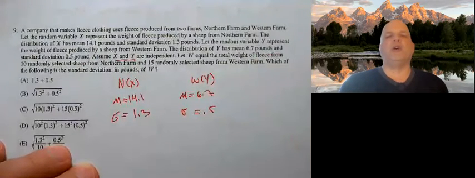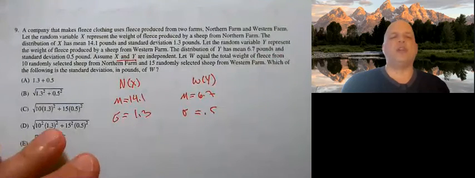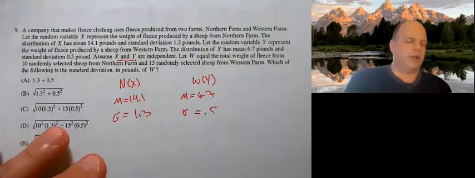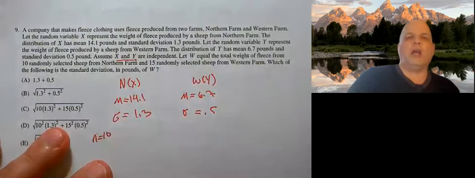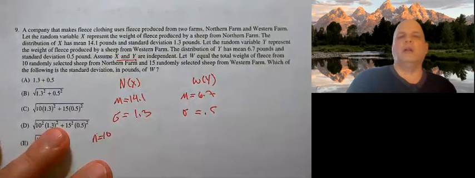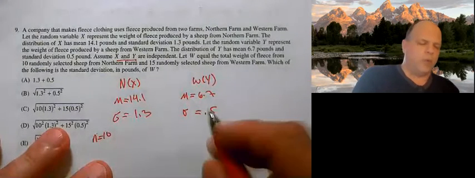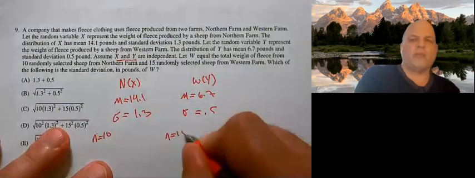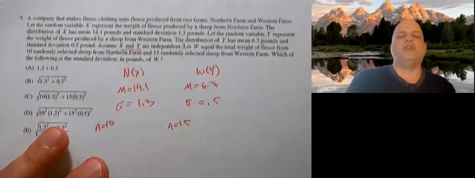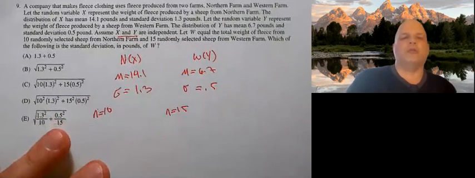Let W equal the total weight of fleece from 10 randomly selected sheep from Northern Farm. So we're going to get 10 sheep from here, and we're going to get 15 from Western. Which of the following is the standard deviation in pounds?